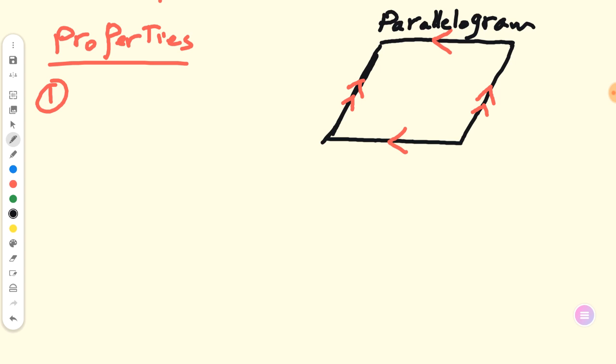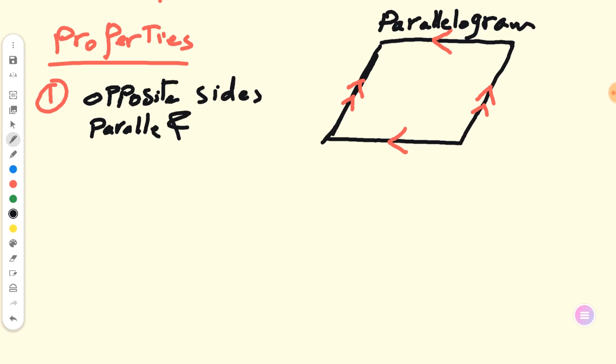One, each two opposite sides are parallel and equal. So opposite sides are parallel and equal in measure, in length. This is the first property.